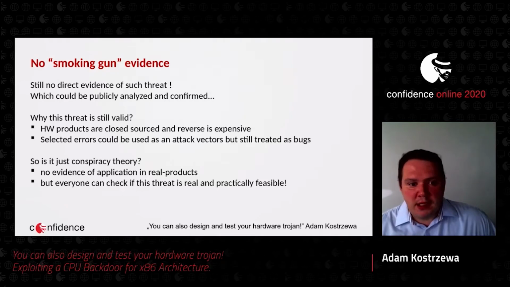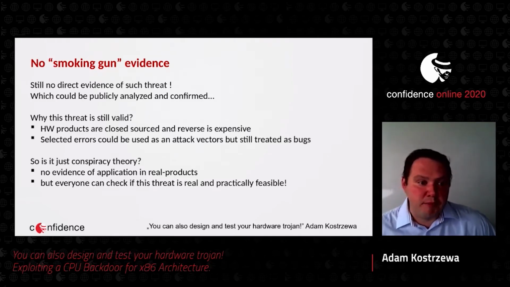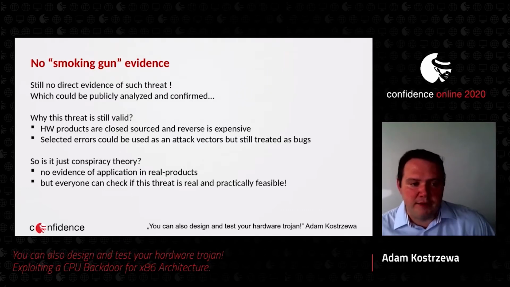Why is it like this? There are many reasons. Maybe there are no real hardware Trojans, but we must also account for the fact that hardware products are closed source, and reverse engineering is very expensive and sometimes maybe impossible.